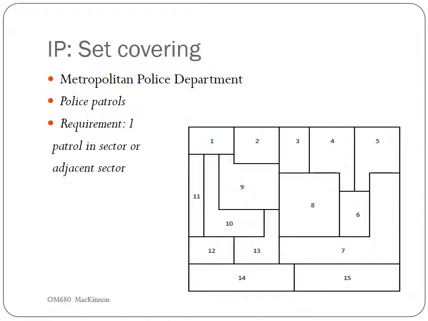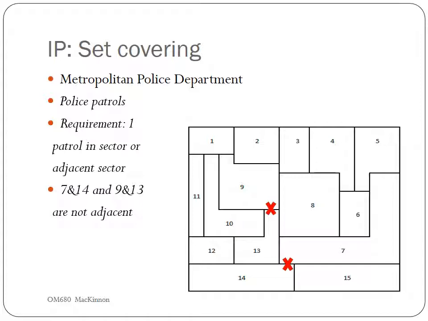Anything that is adjacent. However, there are two sectors that are not adjacent. There are apparently buildings there, or really no way to pass from 14 to 7 and vice versa, or 13 to 9. So they are not adjacent, and we have to keep that into consideration.